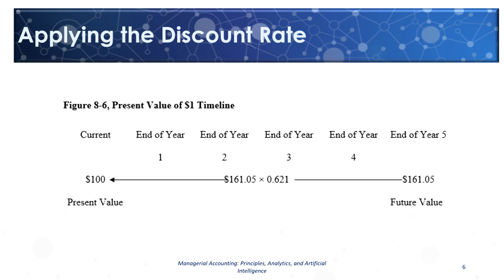If we take that future value of $161.05 times the discount rate, we would end at $100 of current value. That's the opposite of the previous example, where we invested $100 at a rate of return of 10% for 5 years and arrived at a future value of $161.05.